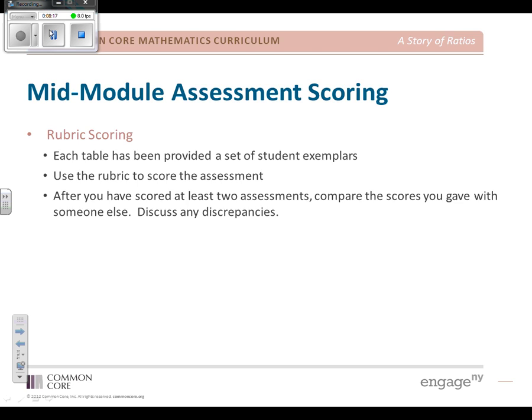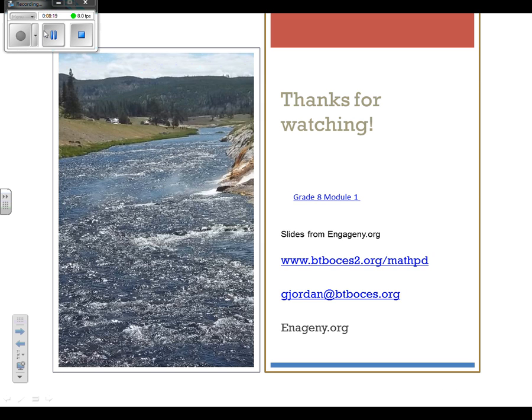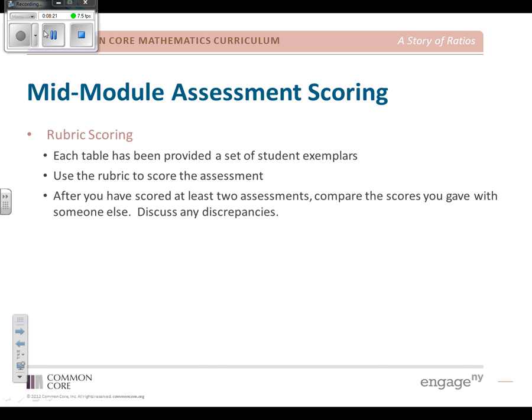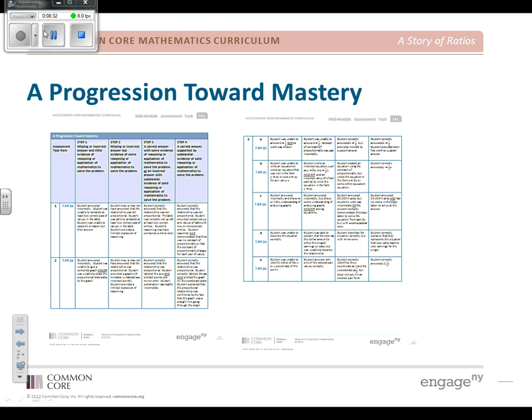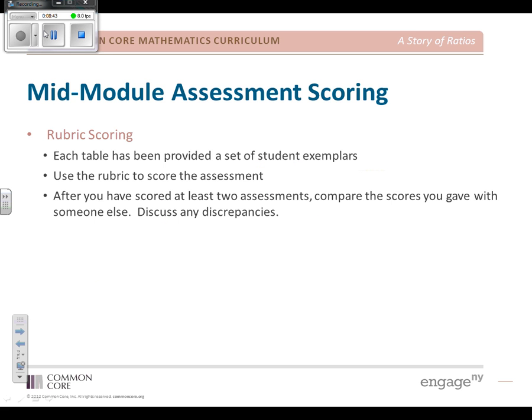Rubric scoring, let's move on from that, because the scoring of the rubric of the mid-module assessment really is up to you as a school district and as a teacher, but because it's based on sometimes subjective thought, I'd want you to see that the rubrics are there to bring you consistency, is what I guess I'm trying to say.